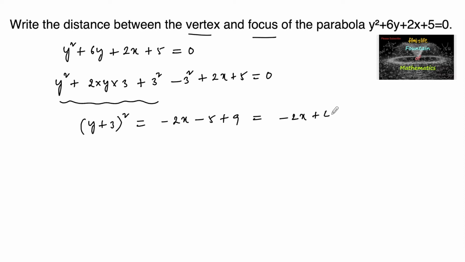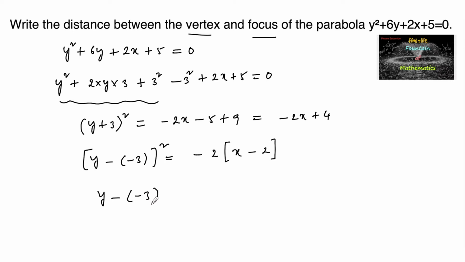which is equal to minus 2x plus 4. So we can also rewrite this as y minus of minus 3 whole square is equal to minus 2 if I take common, so we can get x minus of 2. So this can also be written y minus of minus 3 whole square is equal to negative 4 into 1 by 2 into x minus 2.